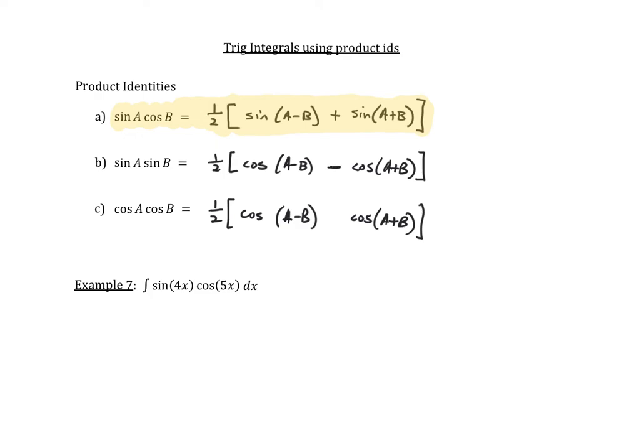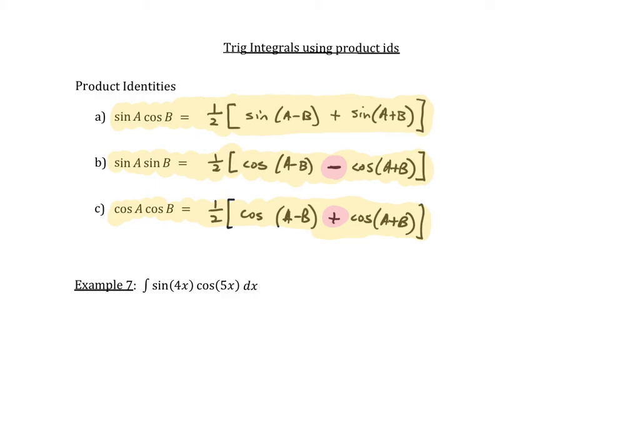And when you have two cosines together, there's going to be a plus between them. So let me highlight these two formulas. And remember, the only difference between the second one and the third one is going to be the signs. So maybe I'll highlight those two signs as well, just to draw your attention to that.